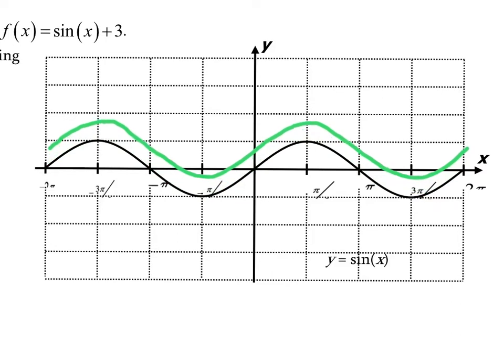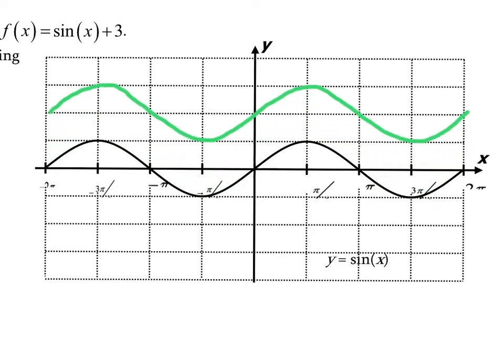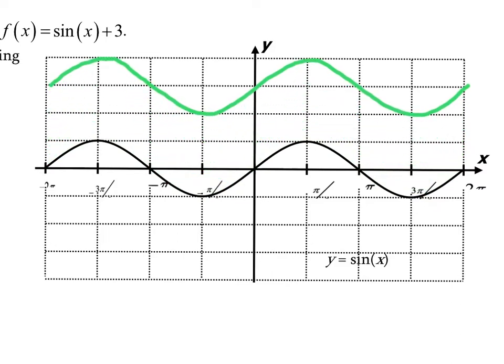I'm going to move this up 1, 2, 3 units. So you can see it is exactly the same in shape. The height and the amplitude are the same, right? The max and mins are all in the same spot, pi over 2, 3 pi over 2, just everything has moved up 3 units.